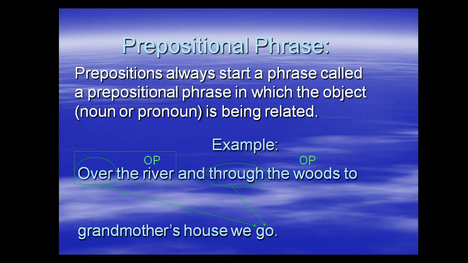And the last one, I see to. A squirrel can go to a tree, so it must be a preposition. Now be careful with this, because we know that grandmother is a noun, but because it's showing whose house, we have to go with house. So the actual object of the preposition in this phrase is house. And again, giving a relationship of direction.